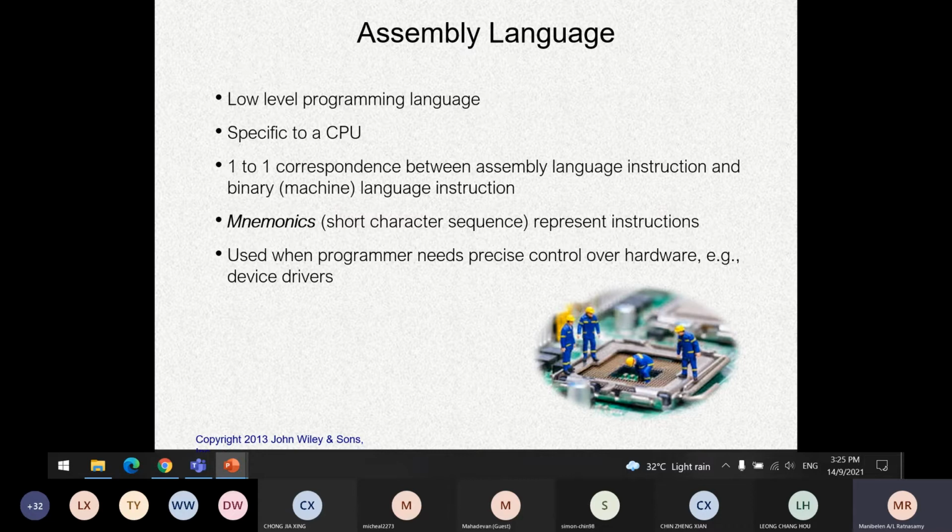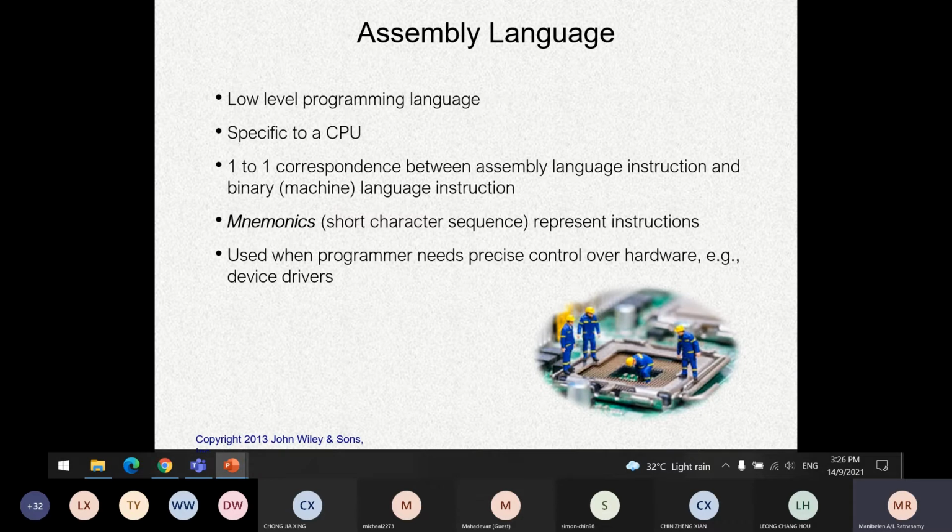That's why when you buy a Toshiba machine or, for example, a vacuum cleaner today, it is labeled or written as Java enabled. The reason is Java is one type of programming language that doesn't need actual conversion.